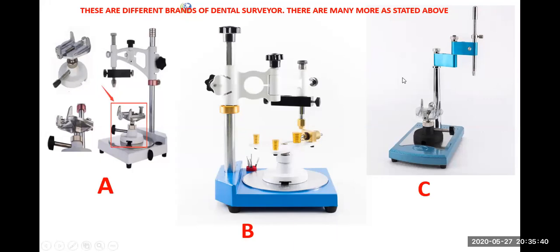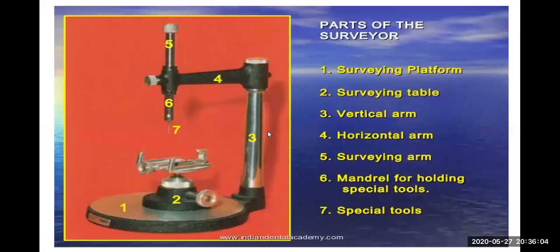We have so many of them, as I indicated previously, that I can locate on the internet. They play the same role, but the convenience of the user is what varies from one surveyor to another.